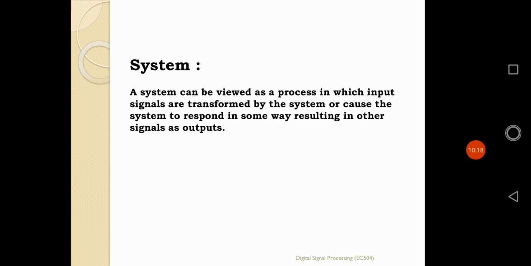Now, in the first section of this lecture, we are classifying the continuous time signal in basically 4 ways: step function, impulse function, ramp function, and parabolic function.